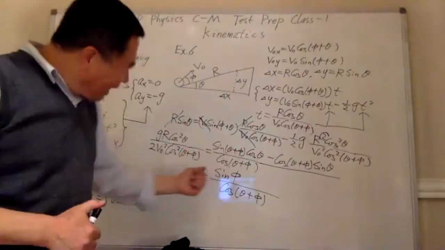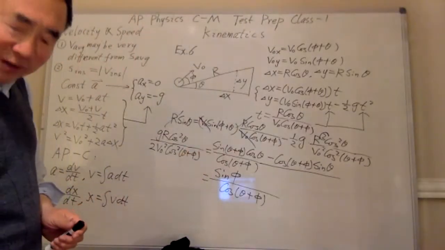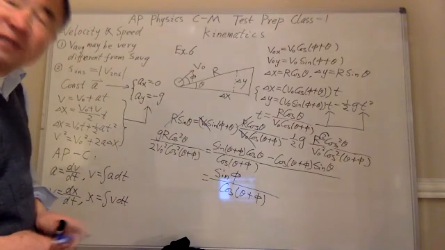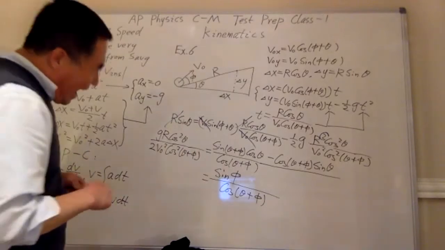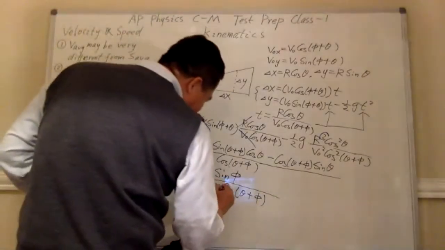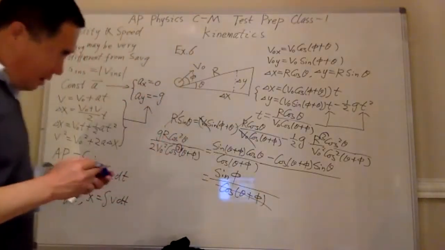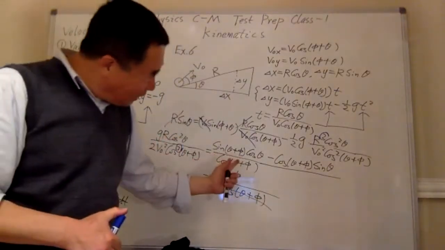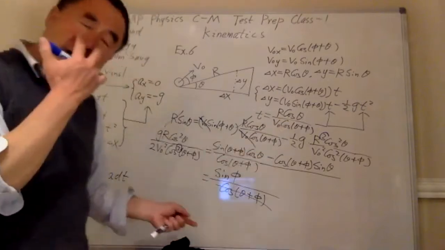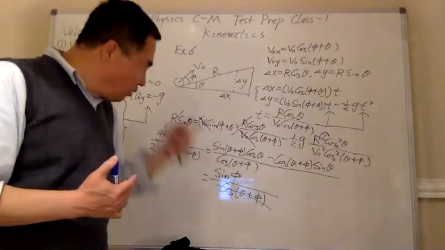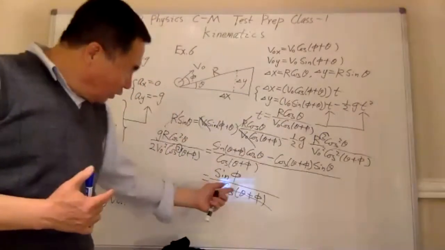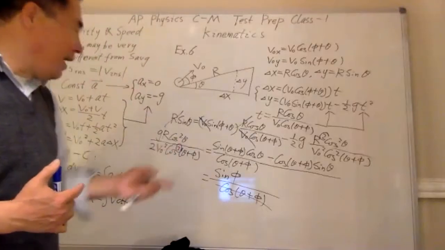After we simplify like that, we do the simplification again. I cancel out this part with this square. Before I didn't do that because I knew I needed to do the common denominator. So I cancel out this one with this one.